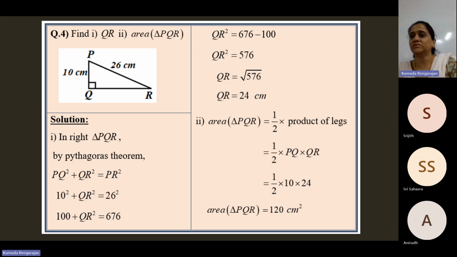You should learn new things, right? Half product of legs. That's correct, but I'm saying we know that already. So get used to half product of legs.